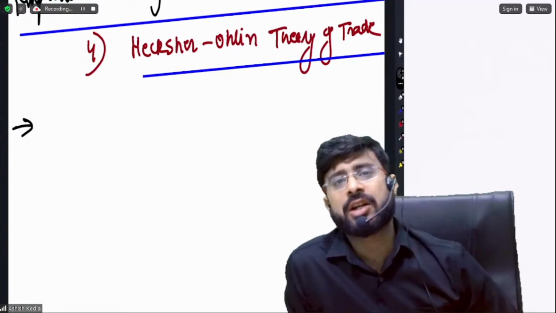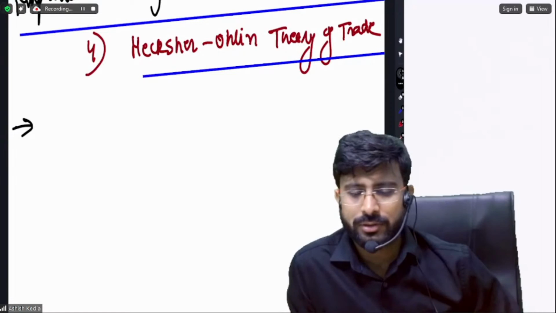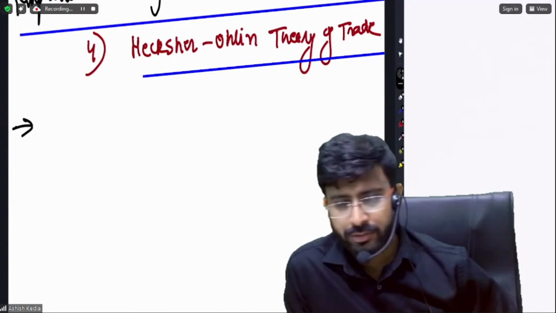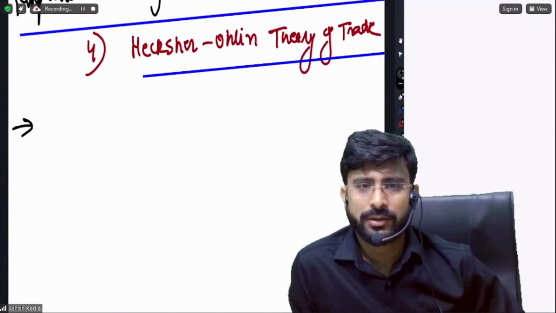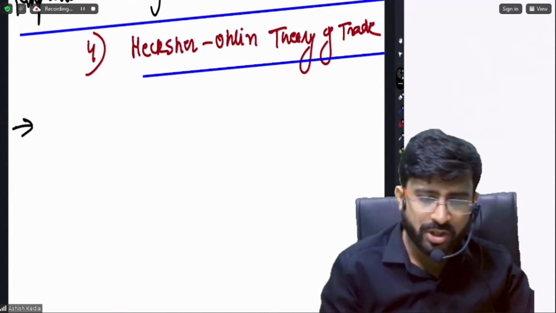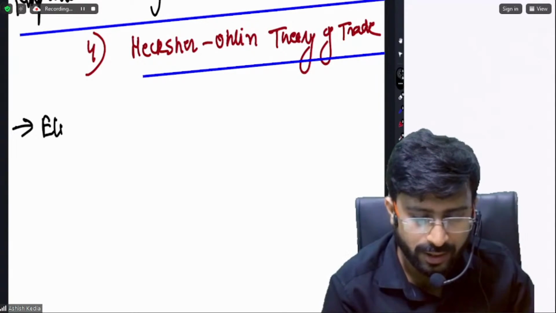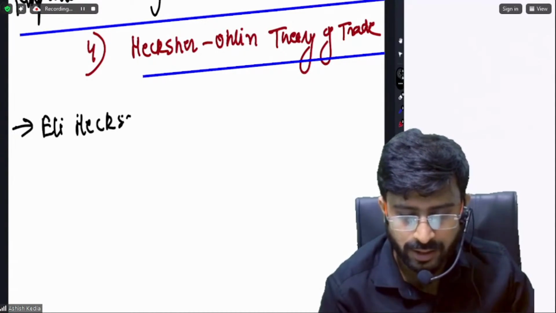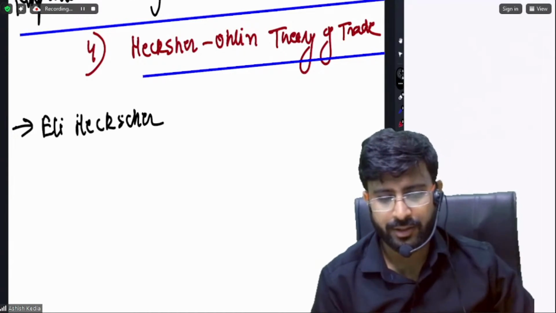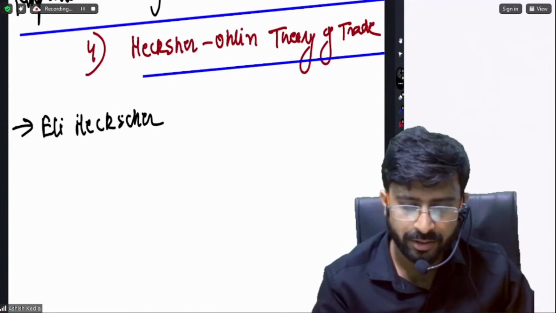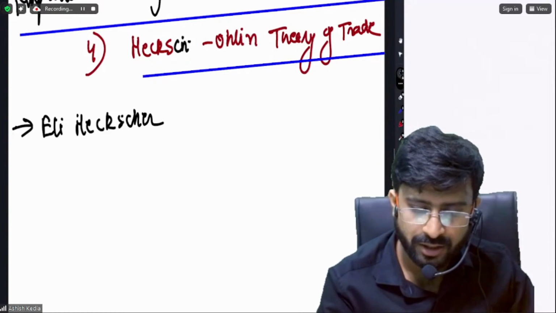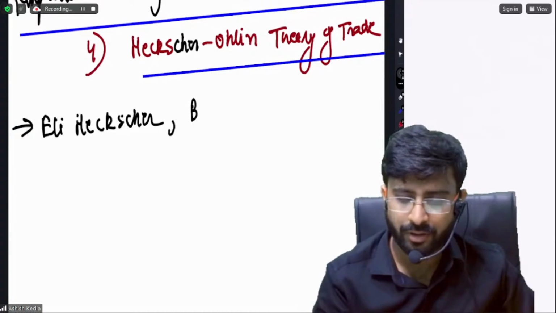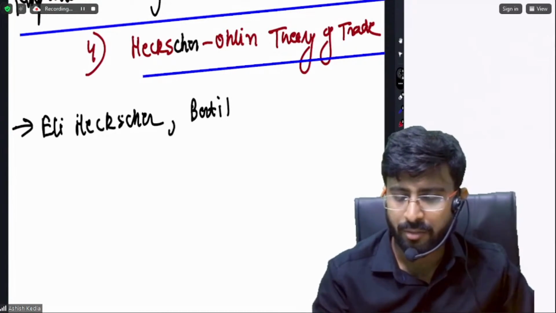It is also called factor endowment theory or modern theory. It was developed by Eli Heckscher and Bertil Ohlin.